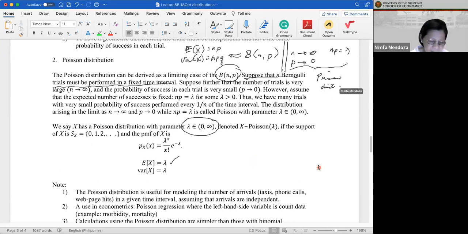So if you have a binomial random variable with parameters n and p, but you assume that the number of trials approaches infinity and p approaches 0 and np is equal to lambda, then the limiting distribution of the binomial distribution is the Poisson distribution.